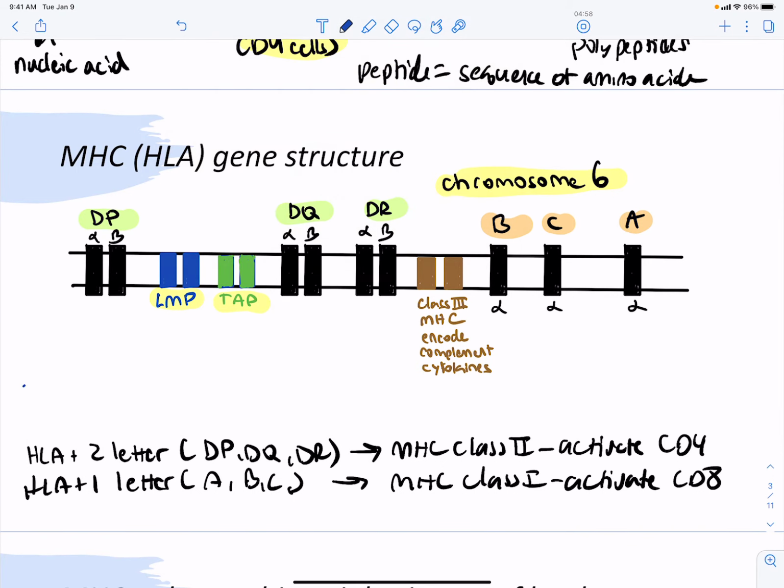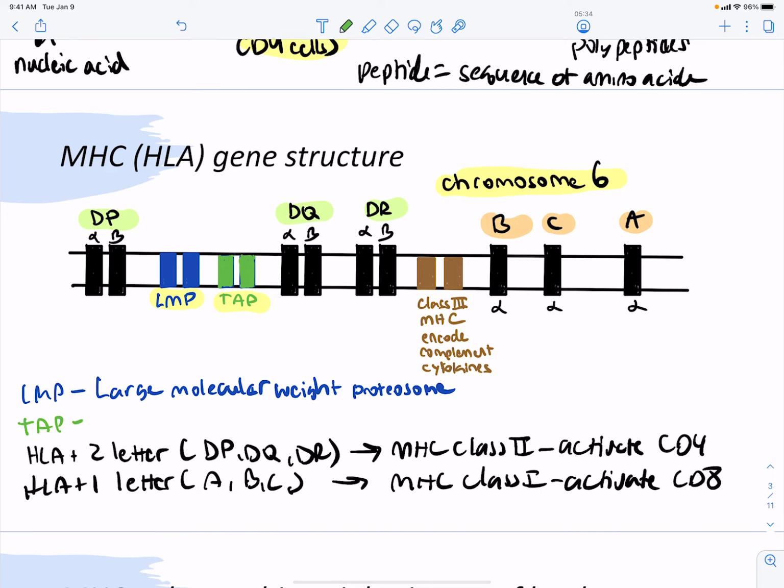LMP stands for large molecular weight proteasome. Basically, it is a proteasome which chops up proteins into peptides that are able to fit into MHC molecules better. And then we have our TAP, which is a transporter associated with antigen processing.